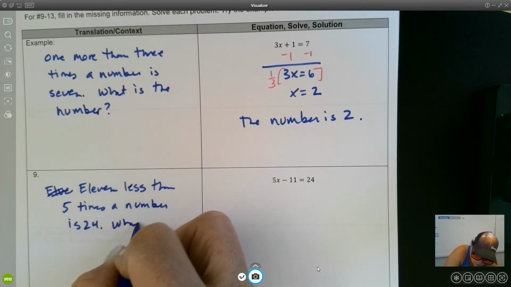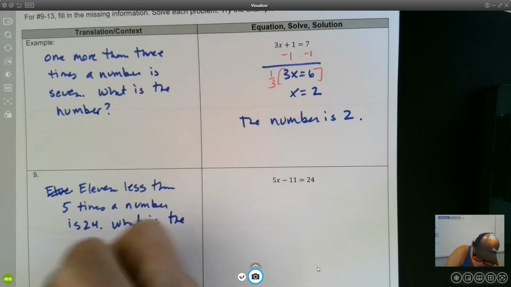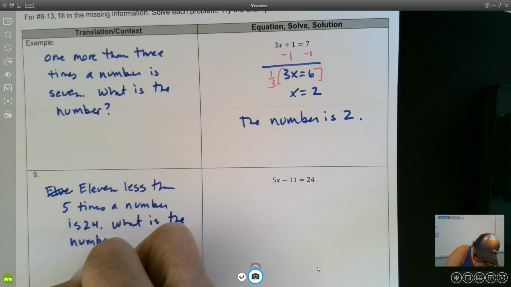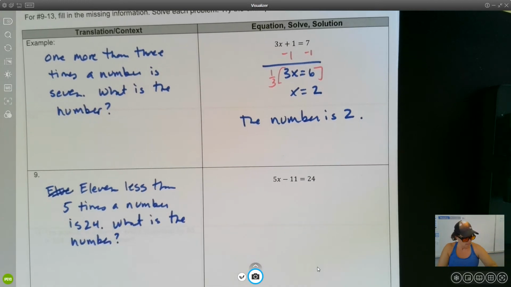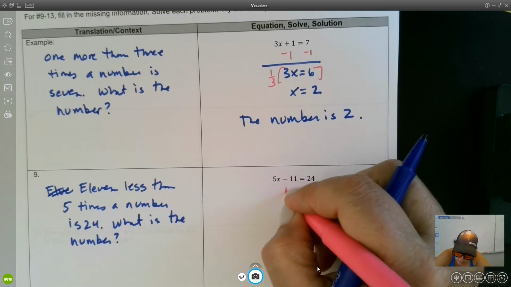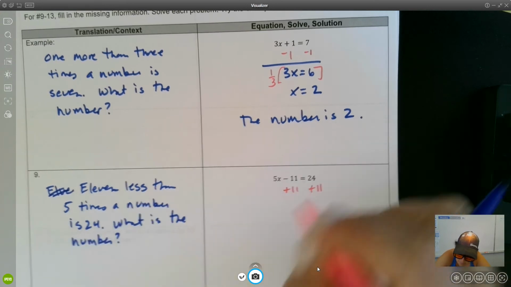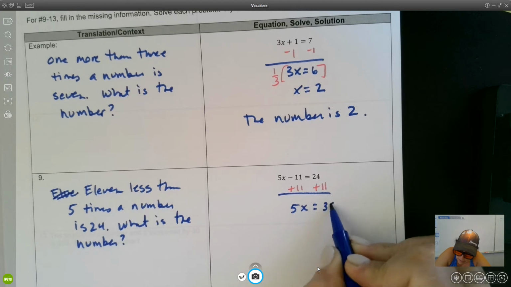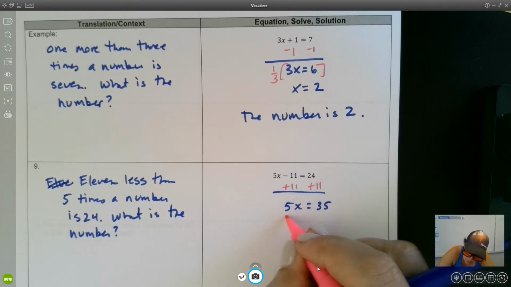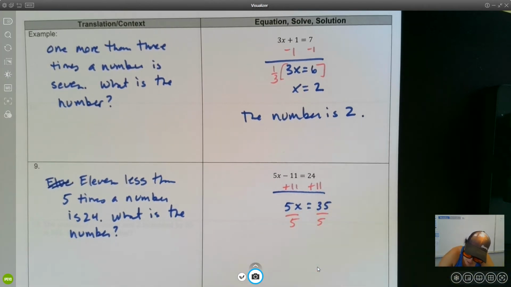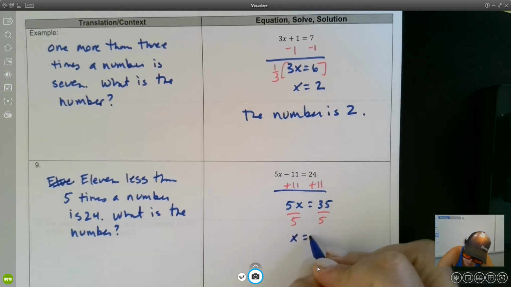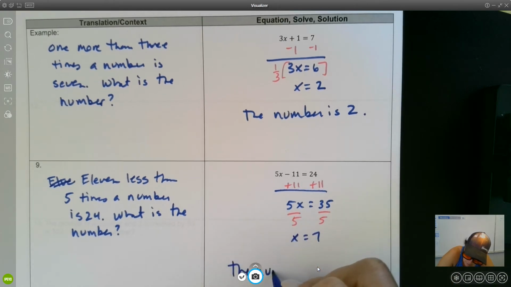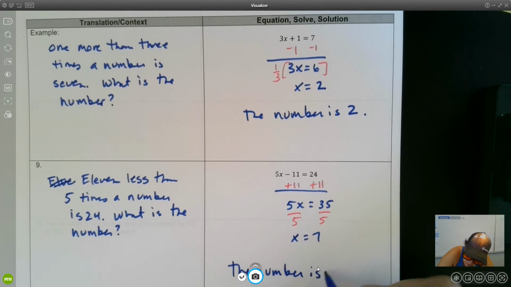What is the number? All right, so add 11. 5x equals 35. Divide by 5 or take a fifth. x is 7. The number is 7.